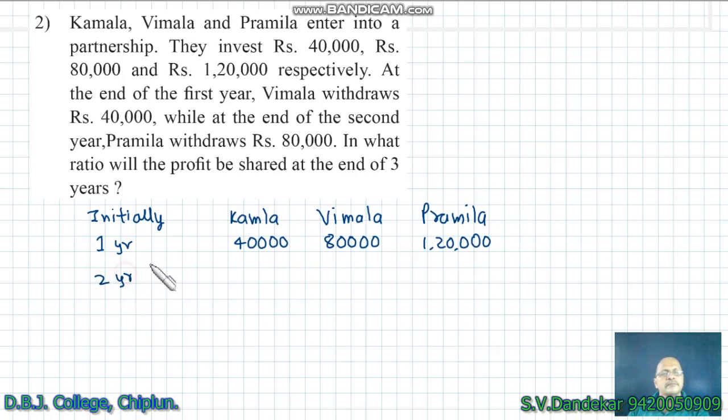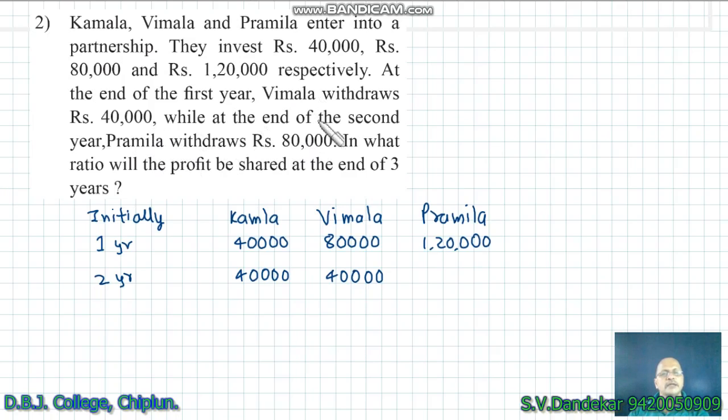Second year, Kamala's capital remains the same, 40,000. Vimla withdraws 40,000, so her capital is also 40,000, and Pramila withdraws the capital 80,000 at the end of second year.